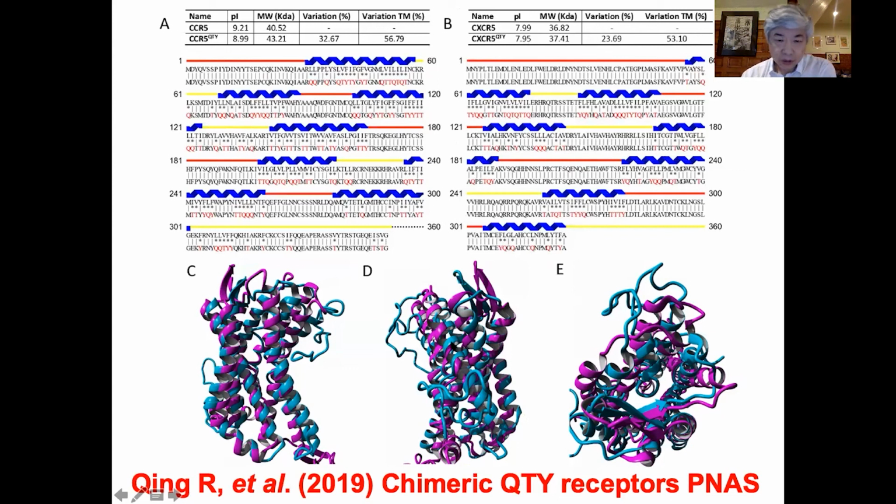However, if you look at the structure, the pink, magenta color is the native protein, and the teal color is the QTY version. You can see it more or less holds the structure. This is looking from the front, from the back, and from the top. So although we change huge numbers in the transmembrane domain and in the overall protein, the protein still holds a similar structure, and thus has similar function.